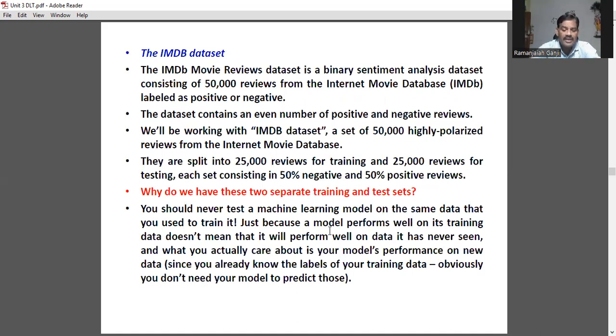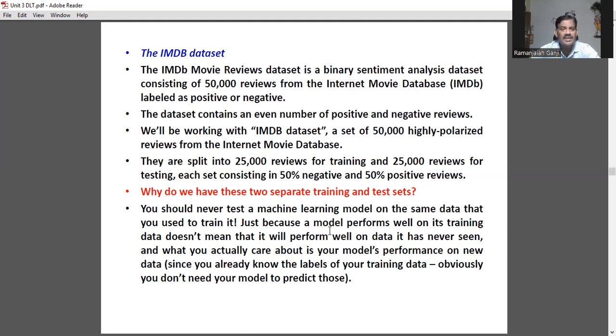Consider the IMDb Internet Movie Database dataset, a binary sentiment analysis dataset consisting of 50,000 reviews from IMDb labeled as positive or negative. See, there are two categories of elements. In the case of reviews, the review may be either positive or negative. And one more point: the IMDb dataset, that is 50,000, is highly polarized reviews from the Internet Movie Database.